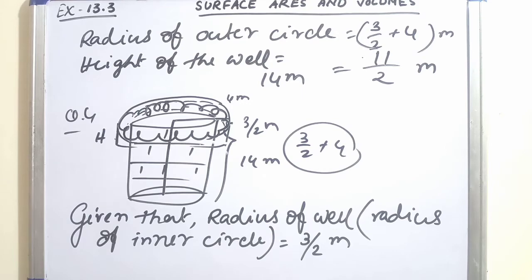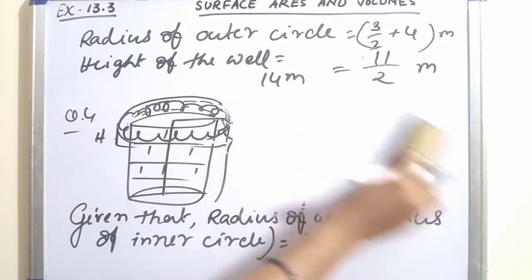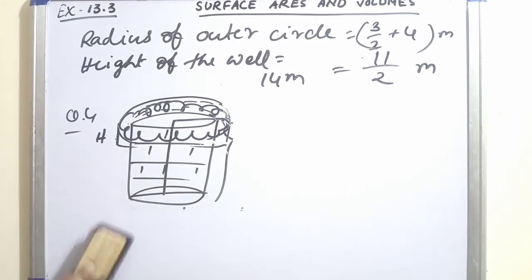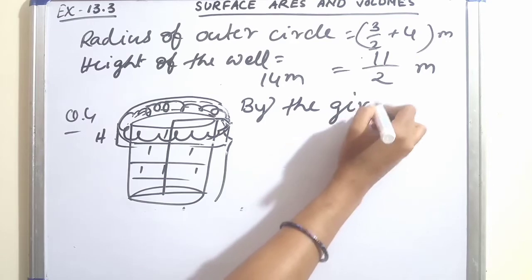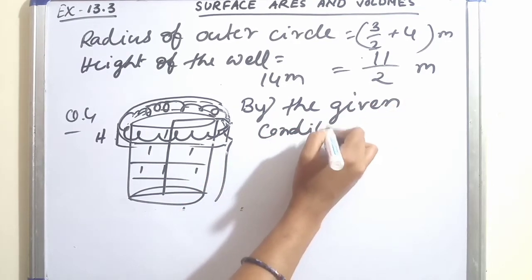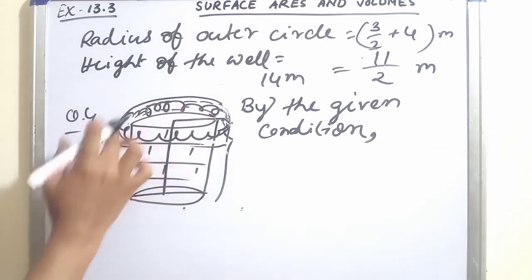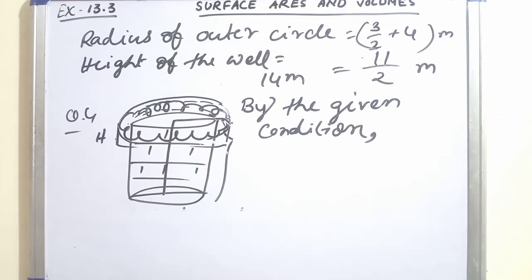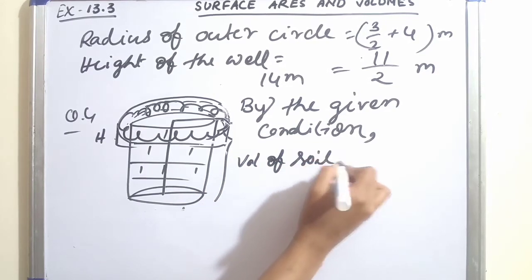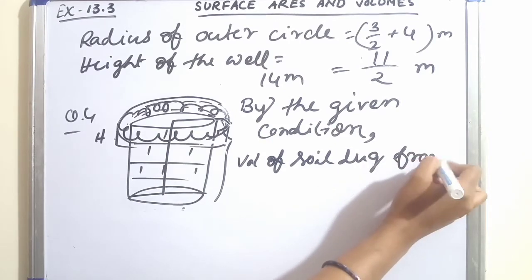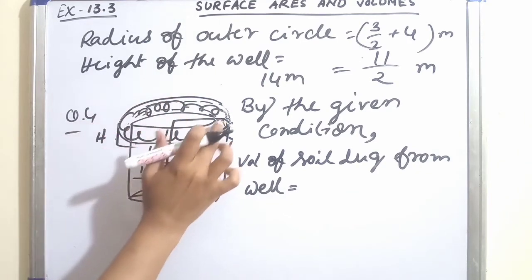Now by the given condition, the volume of this extracted soil, that means the volume of soil dug from the well, is equal to the volume of this embankment, only this part.